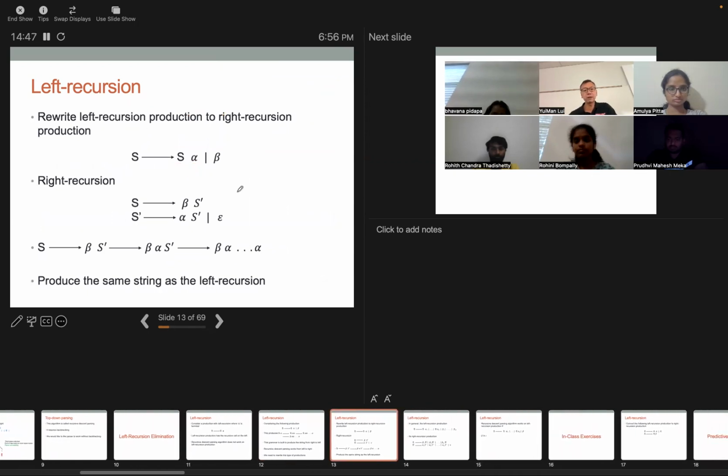We can rewrite it in the following way. S goes to beta S prime. So it could be 1 beta, that's okay. We add an epsilon here. S prime can go to epsilon.